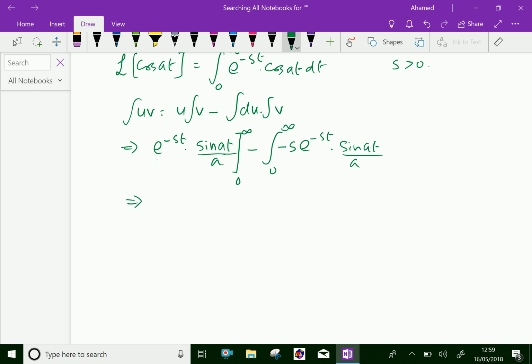It becomes 0, and minus, if you put the value of t as 0, e power 0 is 1, but into sine 0 is 0. So the first part becomes 0. Next, minus into minus is plus, and taking out 1 over a, therefore plus s over a integral 0 to infinity e power minus st into sine at dt.